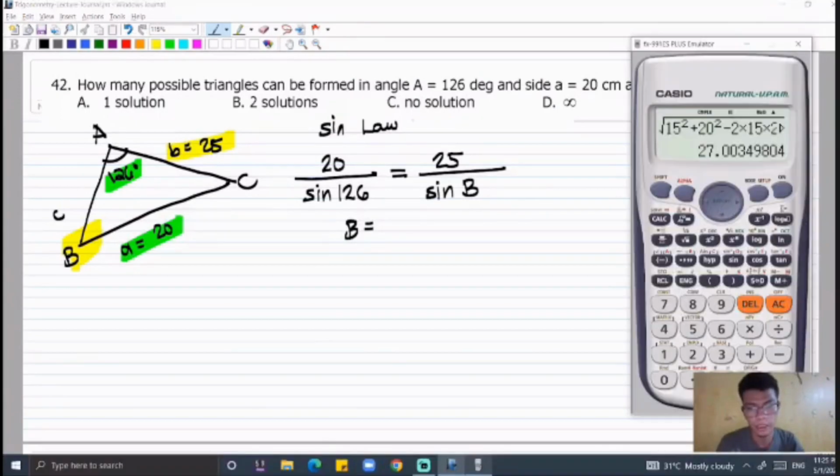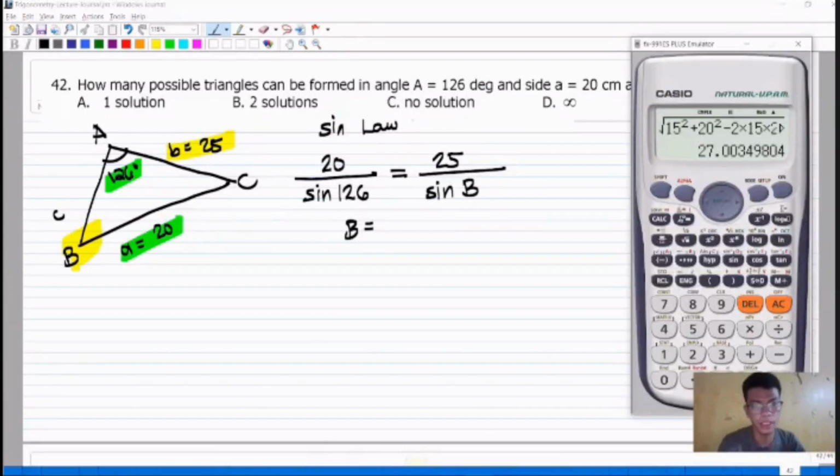So the value of angle B, by cross multiplication, sige, try natin. O kaya, mag-shift solve na lang tayo. 20 over sine 126 must be equal to 25 over sine B. Shift solve.